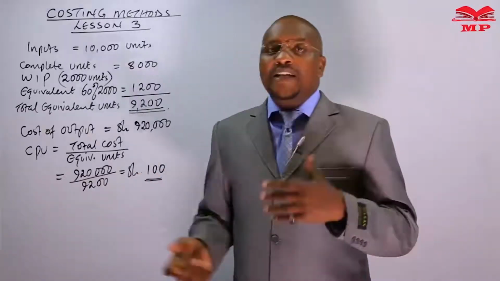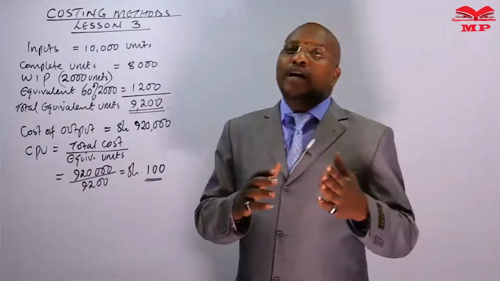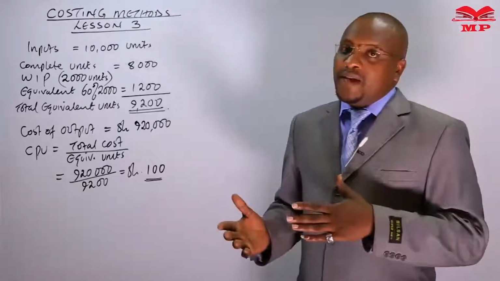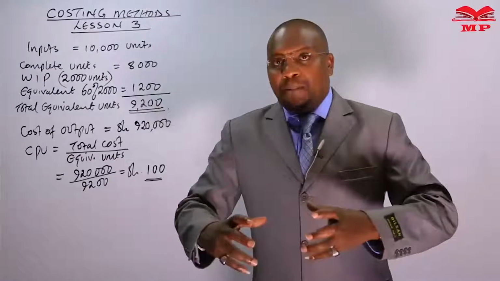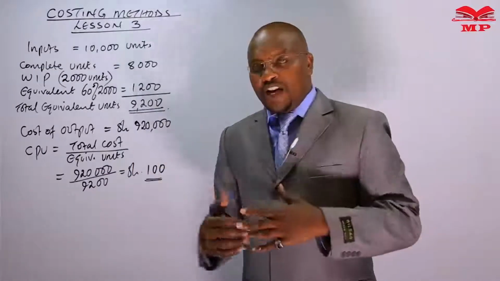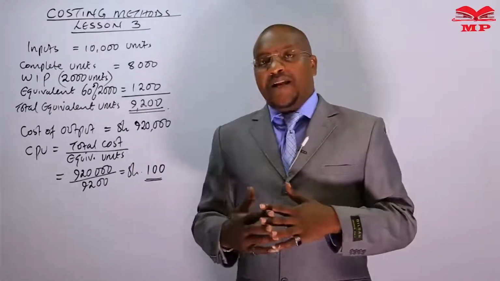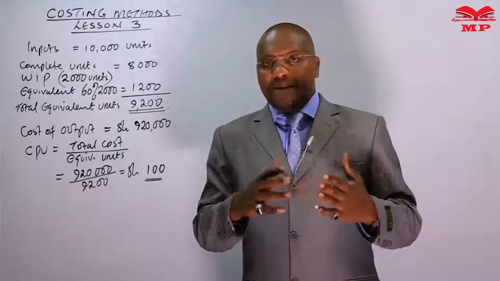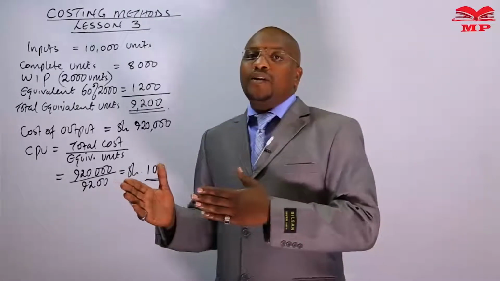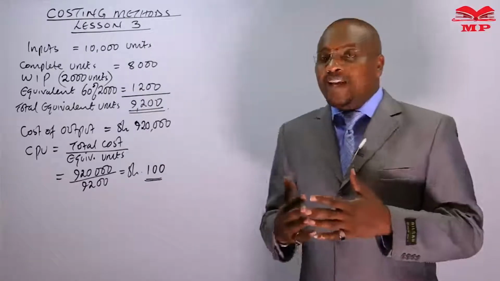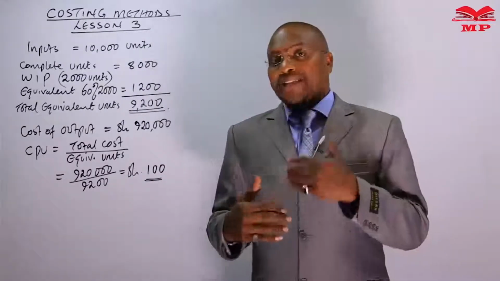Now, the labor may be incurred uniformly, but there are some cases where the labor is a lot at the beginning of the production, but we have less labor at the end of the production. Overheads, maybe like the cost of electricity and such expenses, may be incurred uniformly, and others you may incur more at the beginning and less at the end.